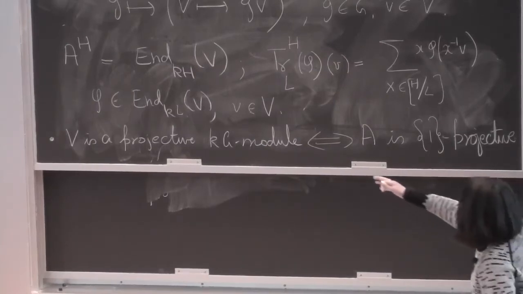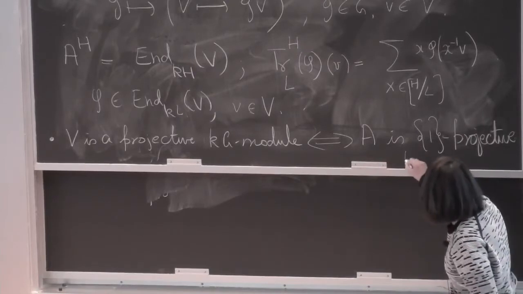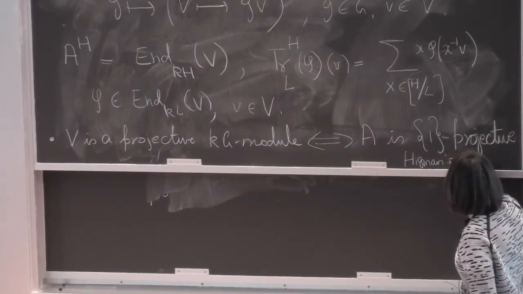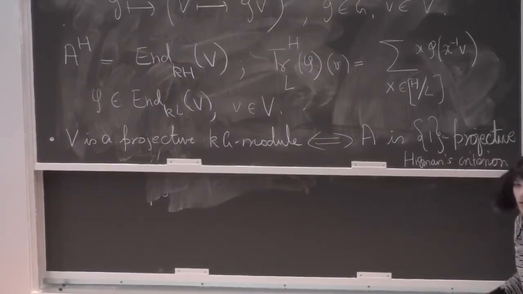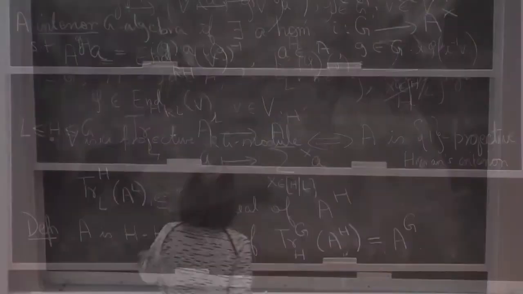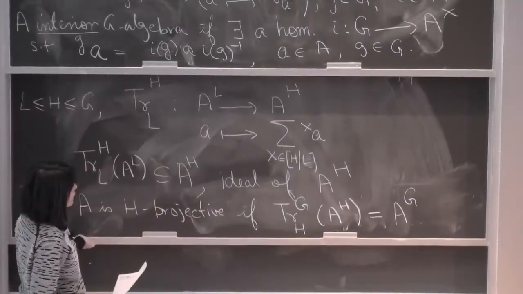And this is a part of a criterion which has a name, so I will write it. It's called Higman's criterion. So it's really measuring for you the notion of being projective in this context.